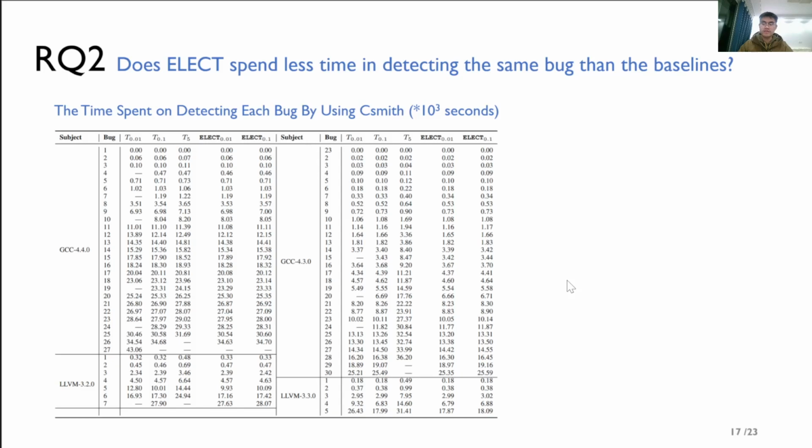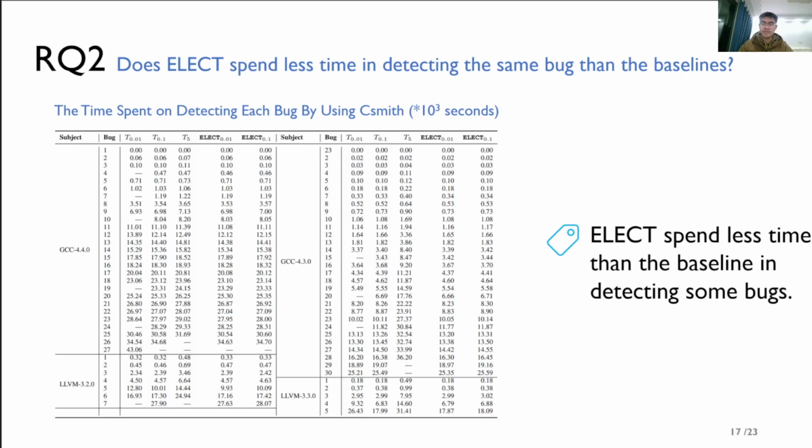The same goes for the other columns. ELECT spends less time than the baseline in detecting some bugs. There is a different performance between LLVM and GCC. We summarize the reason is that the release time of the LLVM subjects is about 5 years later than the GCC subjects. Thus, these LLVM subjects should have fewer bugs than those GCC subjects.